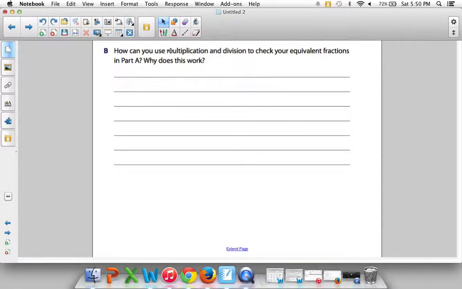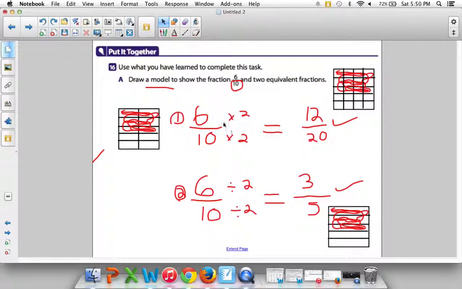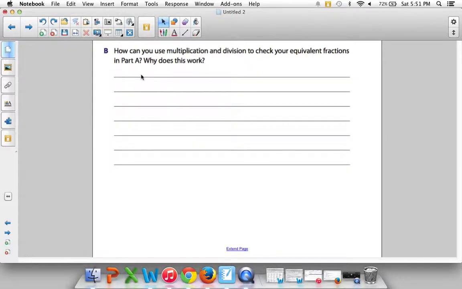How can you use multiplication and division to check your equivalent fractions in Part A? Why does this work? Well, we did that already. We multiplied the top and the bottom by the same thing to make sure the math was right. And we divided the top and the bottom by the same thing to make sure the math is right. So I guess we should say something like that.